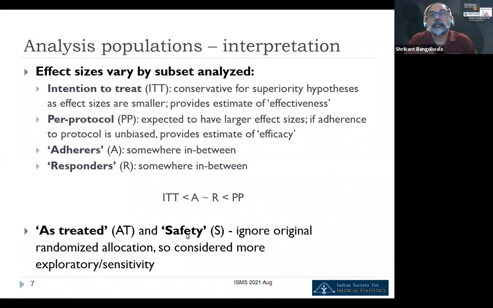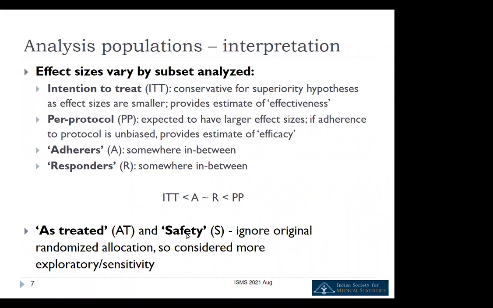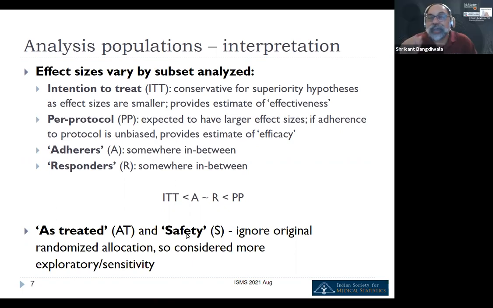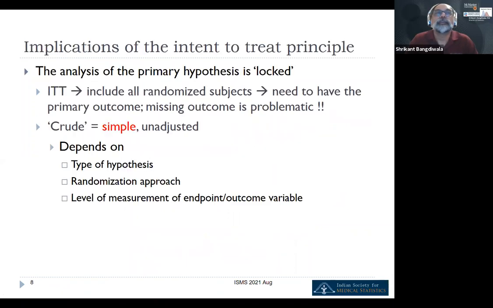So when you report as treated and safety analyses, usually it is not valid to report statistical inference. You don't put confidence intervals, you don't give p-values. It's considered an exploratory sensitivity analysis and is treated and discussed that way in the paper. Some authors don't, but they should do it that way.